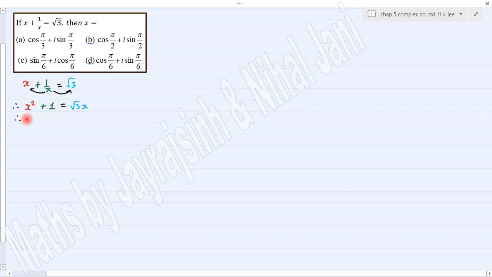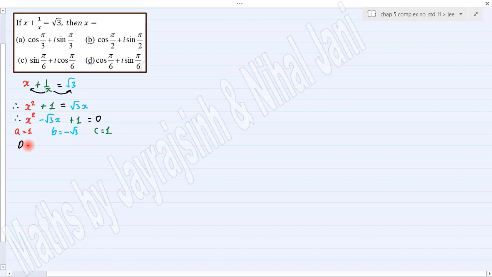Or we can say our equation is x square minus root 3x plus 1 is equal to 0. Now, to solve this quadratic equation, we need the coefficient of x square, which is 1, the coefficient of x, which is minus root 3, and the constant term, which is 1.